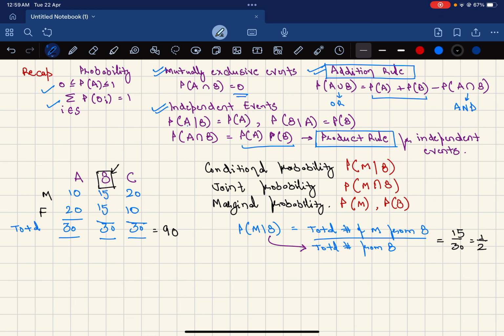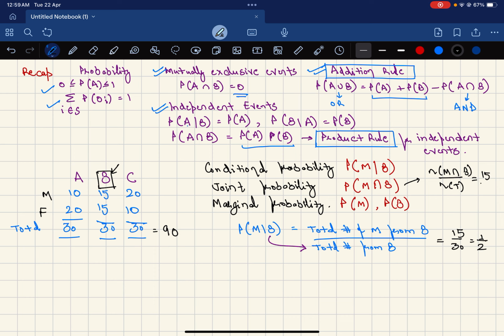Now next we calculated the joint probability, which is the probability of M intersection B, which means the probability of getting a student who is both male and is selected from class B. So this was again computed as the total number of students who are male and selected from B divided by the total number of students across all the sections.